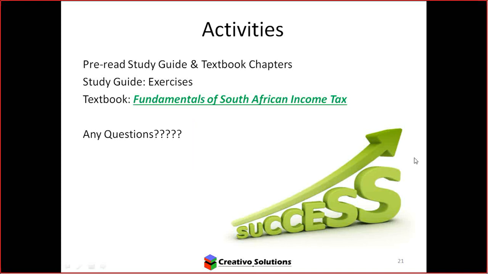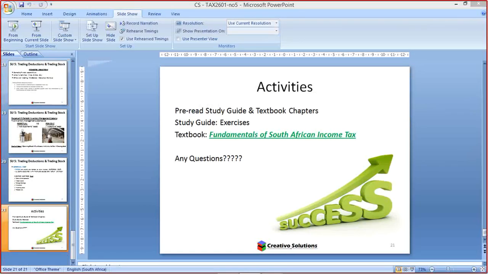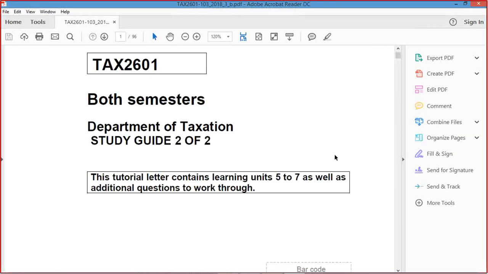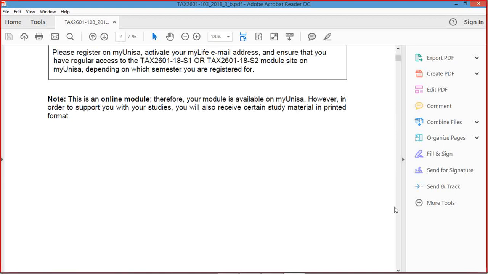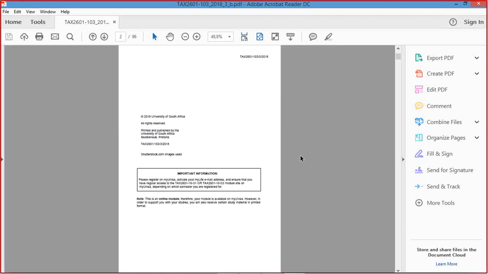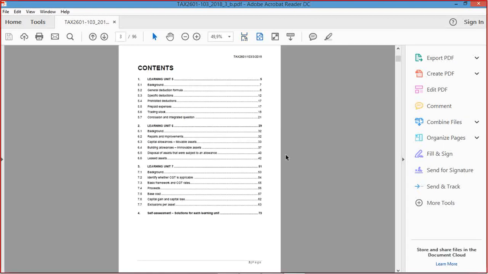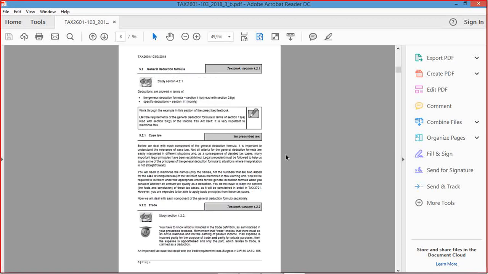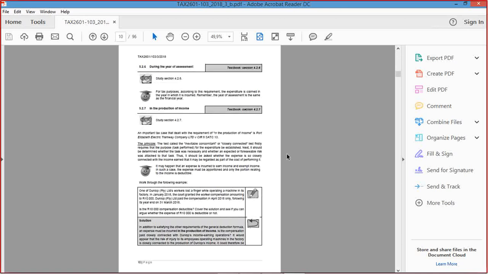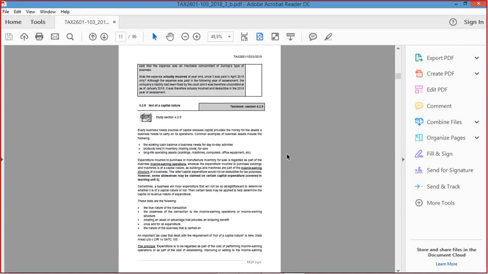I do want to show you one example though, before we wrap up. Let me open up one of the examples, and I want you to tell me whether or not we can claim this deduction. Okay, let's go to chapter 5. Yes, chapter 5 is in the new book. Let's find one of the examples where they spoke about the general deduction formula.